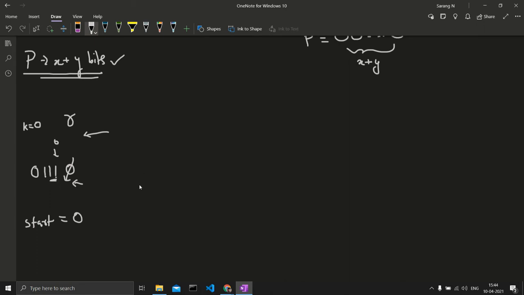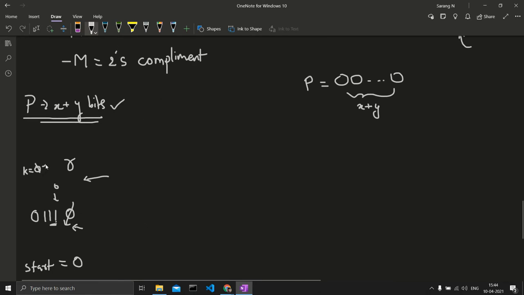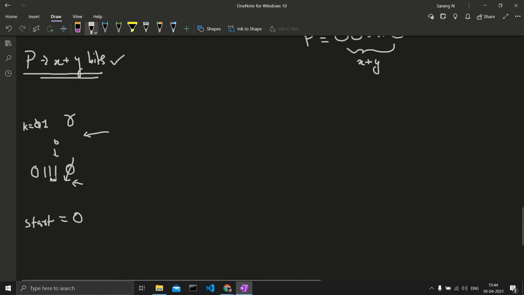We know 1 and 1 means we are just in the middle of a block, so it doesn't matter. We just ignore this and increment k from the last step. Increment k again to 2 and delete this bit. Again we have 1 1, so increment k again, because 1 1 doesn't matter for us, and delete this bit.